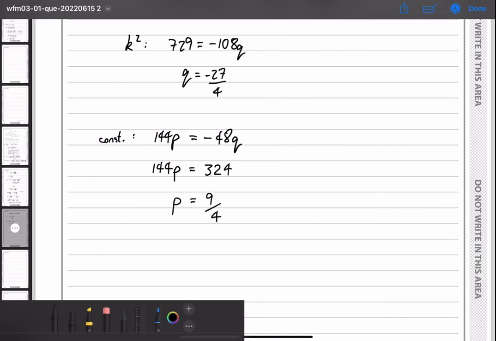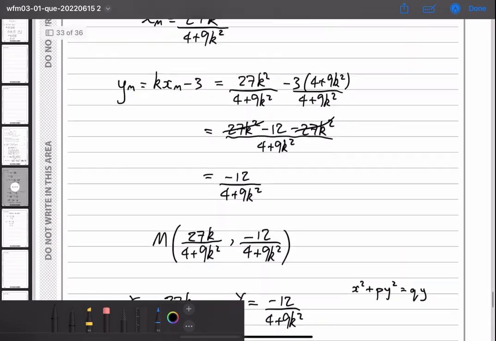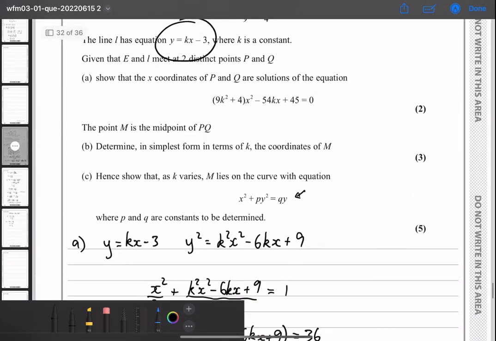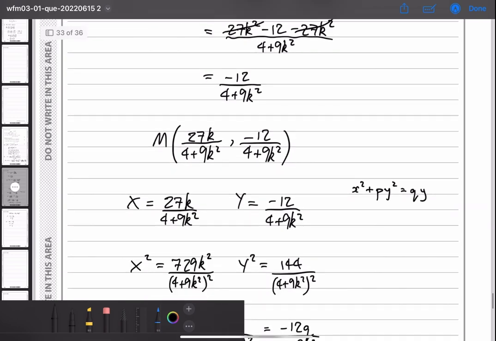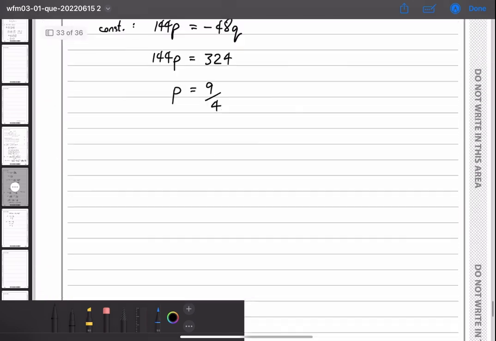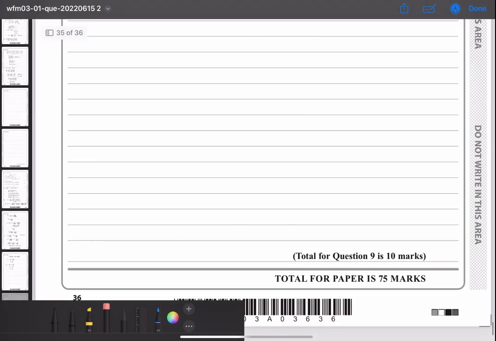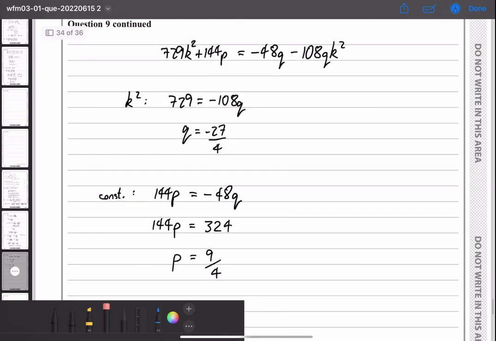So q is equal to minus 27 over 4. P is 9/4, and that is the end of part C, which I didn't label. That should have started here. And I think that's the end of the paper. Yes, so I hope that's been helpful walking through this June 2022 FP3 paper.